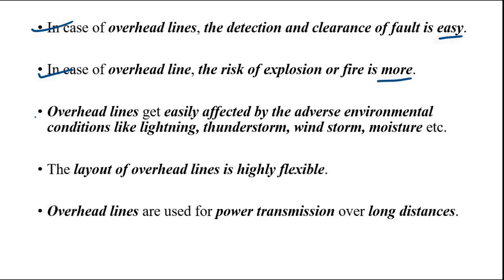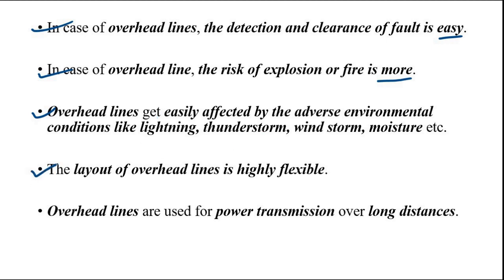Also, as overhead lines are exposed to the atmosphere, they are easily affected by environmental effects: lightning, thunderstorm, rain, storm, moisture. During cyclones and heavy winds, they are affected by these environmental effects, and they are more prone to damage because of them.